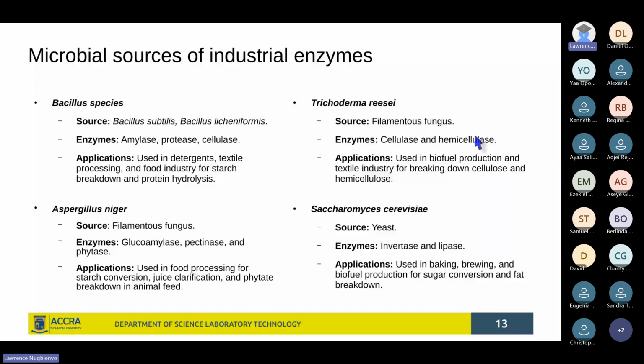Yeast is a common one which is used in bakery and also in brewing, which produces the enzyme invertase and lipase. Invertase breaks down sucrose into glucose and fructose. Lipase, you already know, breaks down lipids. You have another fungus, Aspergillus niger, also producing some amylase, glucoamylase, pectinase, phytase.